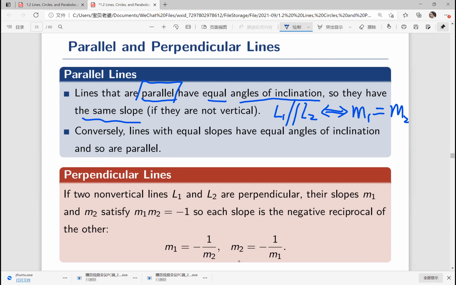Then if the slopes of the two lines are equal, we get that the lines L sub 1 and L sub 2 are parallel.